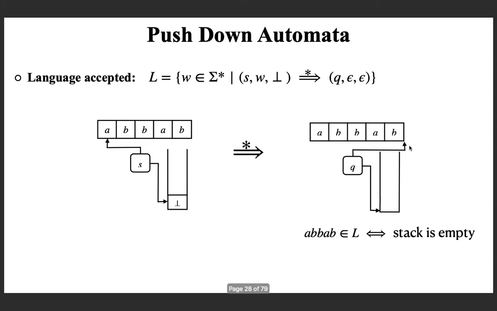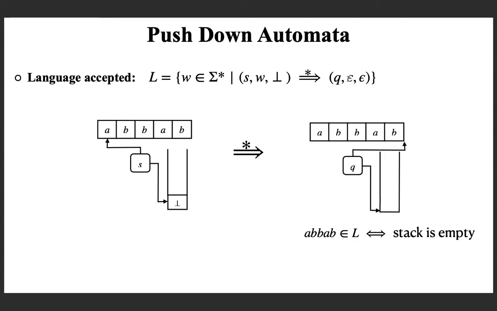More formally, the language is the set of all input strings W such that when you start your computation in the initial configuration for W, where bottom of stack symbol is the only content of the stack and you are in the start state, you eventually reach a configuration where you are in some state and you have finished reading your input.